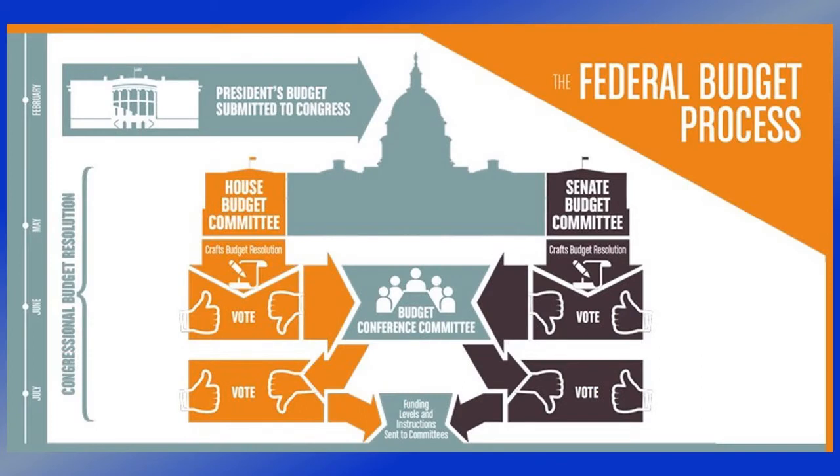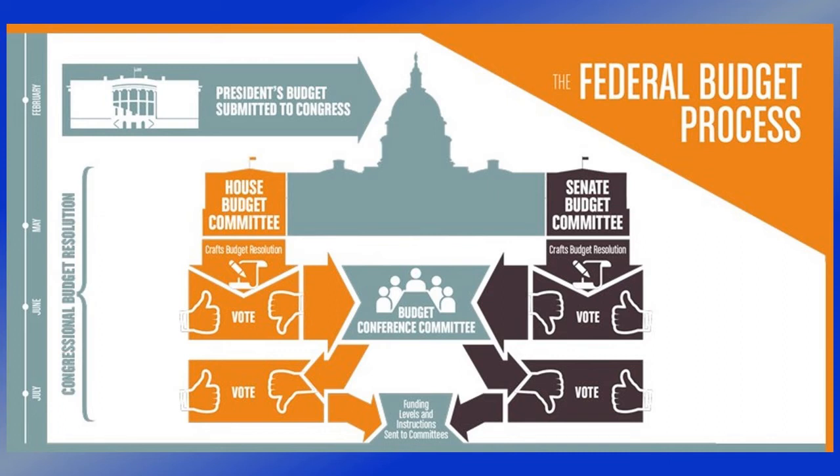All right, so this little infographic helps us out with just a little bit of the process here. We've got to make sure that we're always keeping in mind that this is a process that both the president and the House and the Senate must agree on. So we're going to go through all this stuff here, but the president is going to submit a budget to Congress, which really means that's a proposal. That's the president showing Congress what they want.